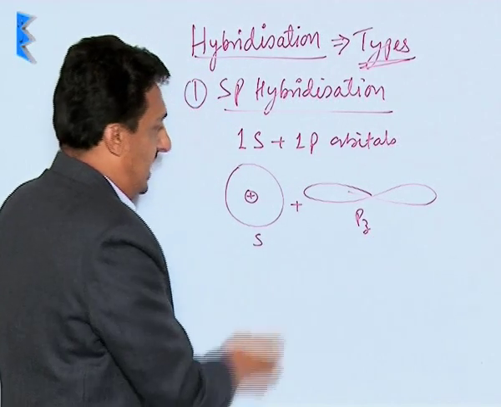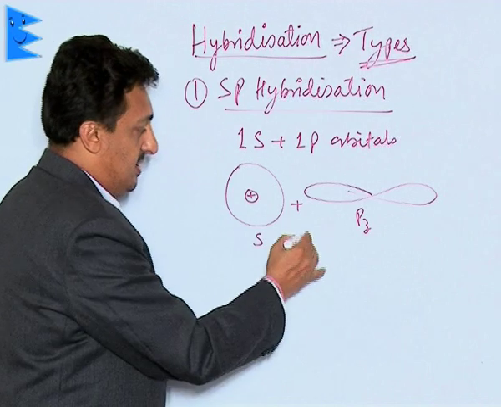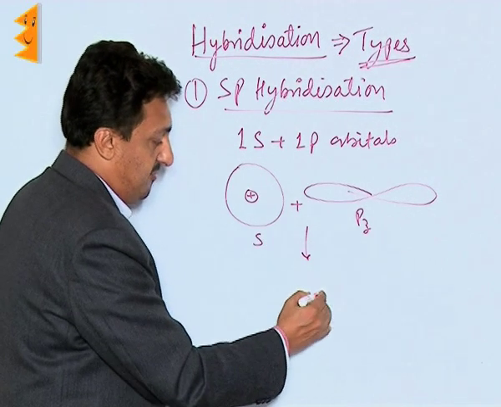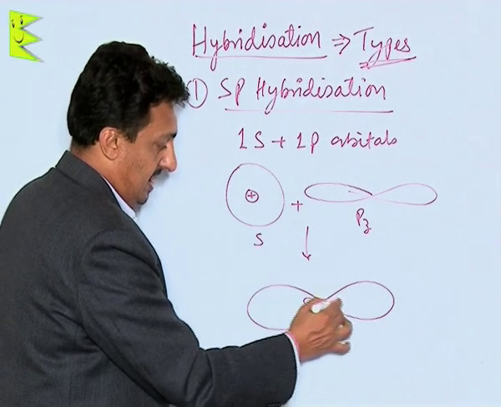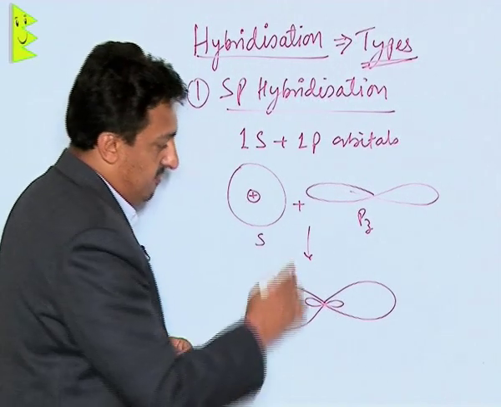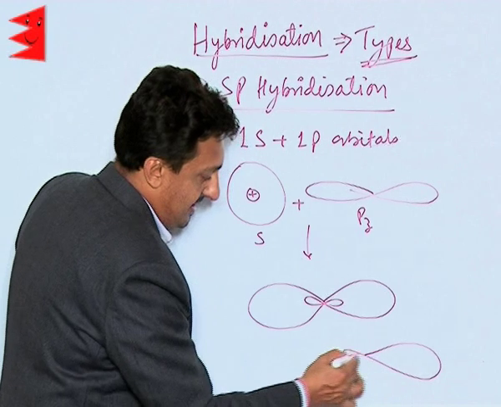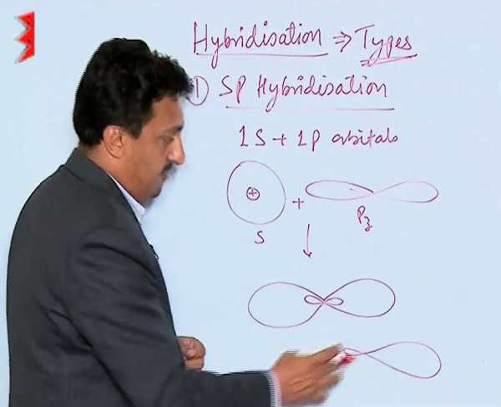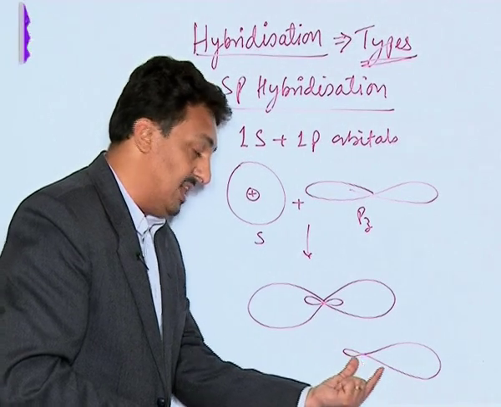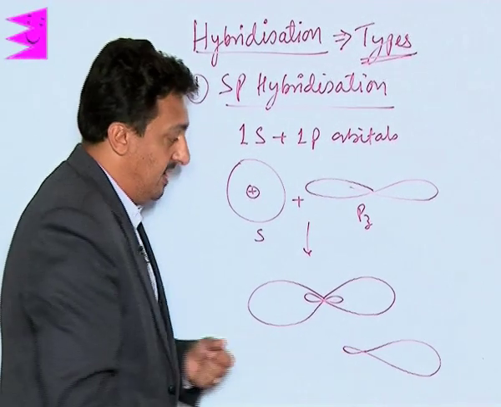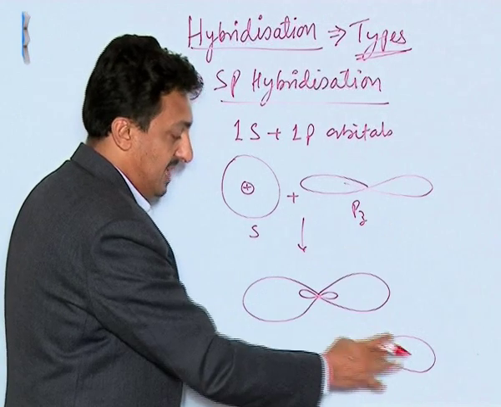So when s and pz combine, the two types of orbitals formed are like this. One is this, the other is this. I can draw one separately. This is one type of hybrid orbital, and the other one will also be similar. In this case, the two lobes are not of the same size.